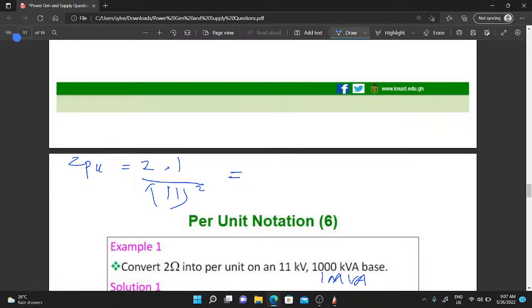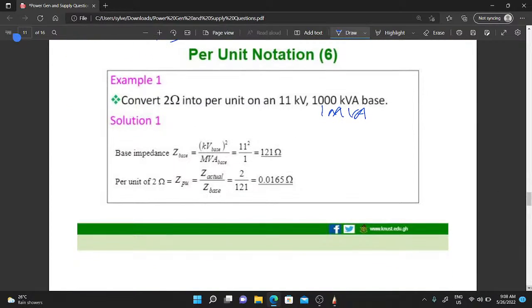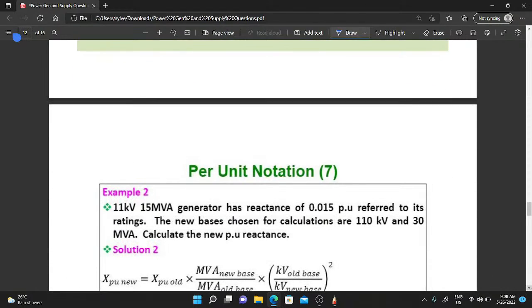This will give you 0.0165 per unit. Okay, so that's what we have here. Now, another question.